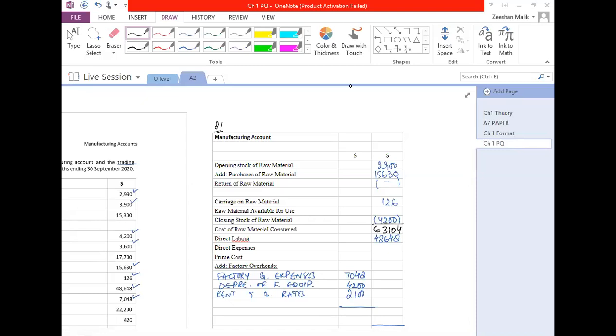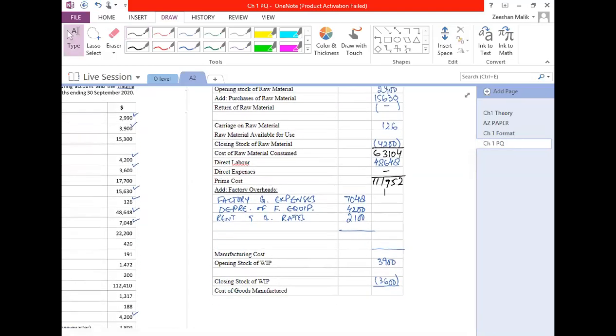Okay, then there is no direct expense, so prime cost becomes 111752. Now you need to add expenses. Factory overhead 7048, 4200, 2100.